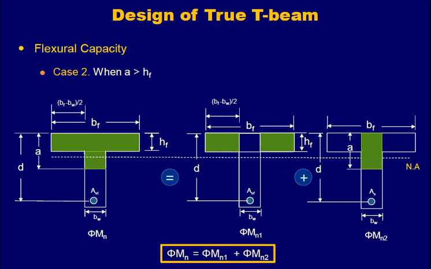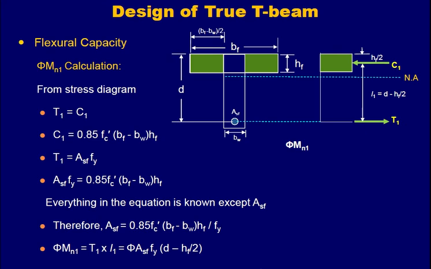If you remember, so coming to the mechanics and using the same thing, calculating the phi Mn1, and phi Mn1 is about the flanges. You know the depth of flanges hf, and you know the width, which will be equal to this (bf minus bw) divided by 2 on one side, and divided by 2 on the other. So completely it's bf minus bw.